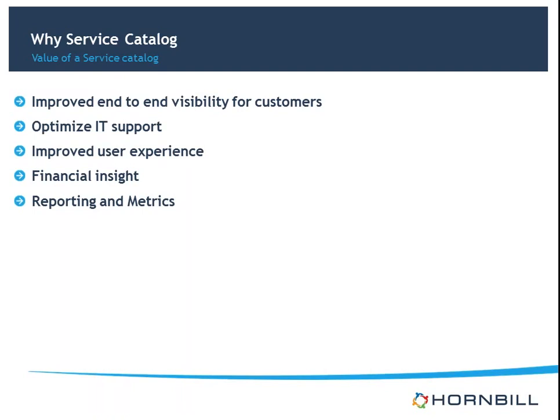Service catalogues can also aid reporting. Implementing a service catalogue enables an organization to track and manage utilization of services, as well as forecasting. Reporting at different levels can enable IT within an organization to demonstrate its value and contribution.